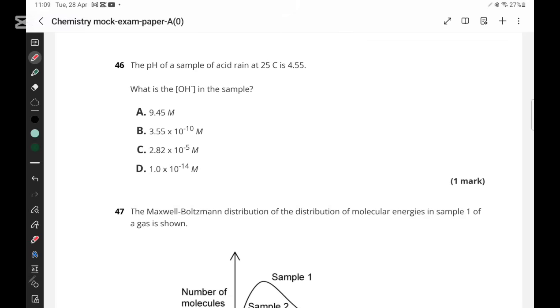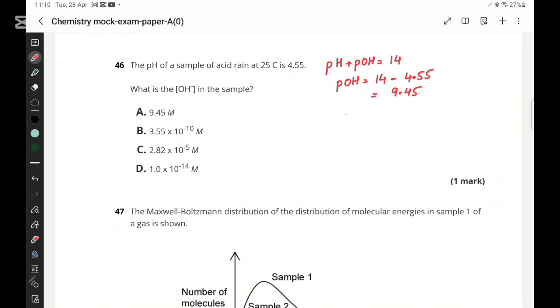For the next question, the pH of a sample of acid rain at 25 degrees Celsius is 4.55. What is the hydroxide ion concentration in the sample? First of all, we have the formula pH plus pOH equal to 14. To find the value of pOH, it is 14 minus the pH value of 4.55, and it comes out to be 9.45.